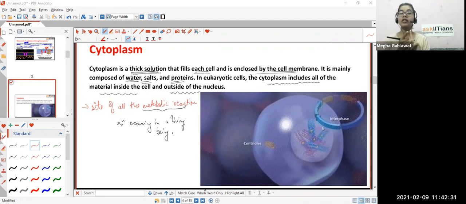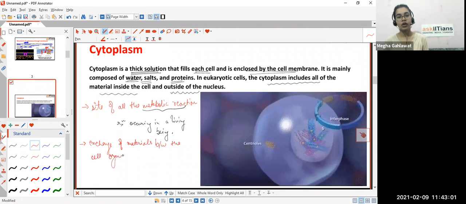So if the cytoplasm is moving, it is exchanging material between the different cell organelles present in the cell, and that is why it helps in the exchange of materials. The moving cytoplasm is the key feature of the living cell. So I'm going to write that here: exchange of materials or components between the cell organelles.